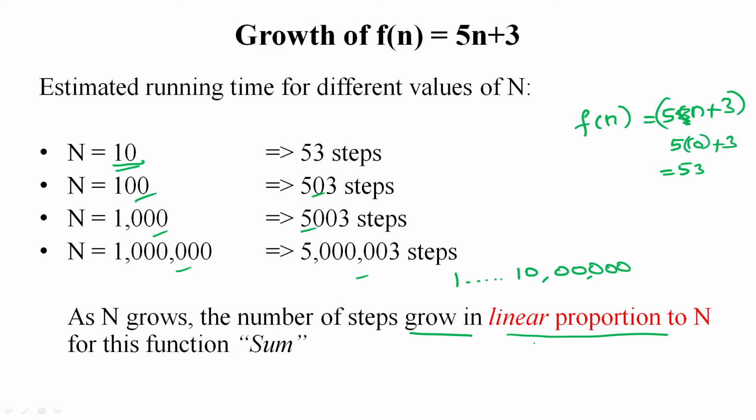That is the observation you should get from this content. Right now, in this 5n plus 3, which term is dominating? Either this 3 or 5 or n, which is dominating in this function 5n plus 3.